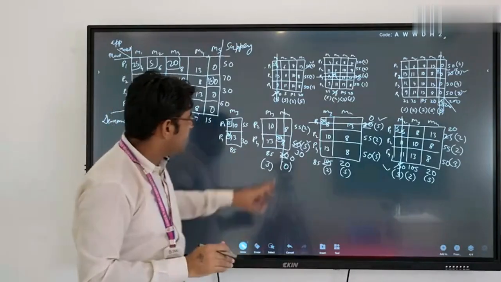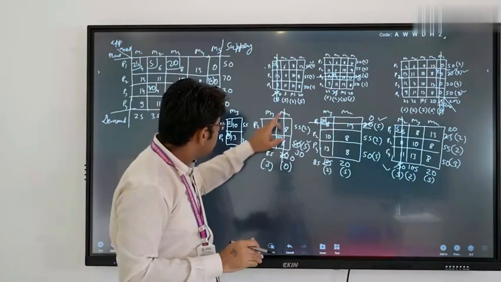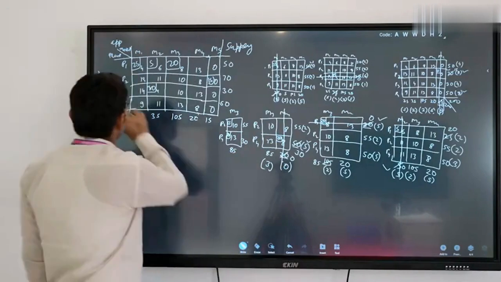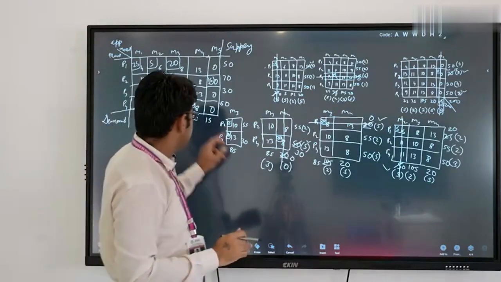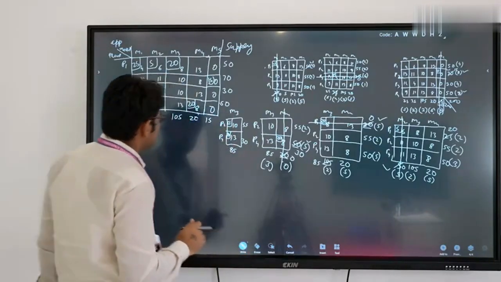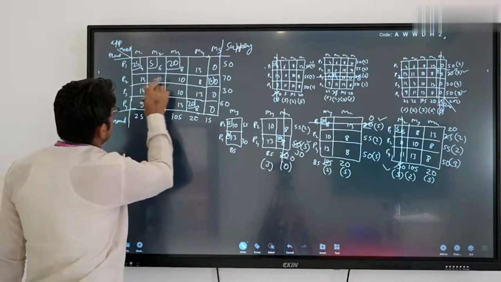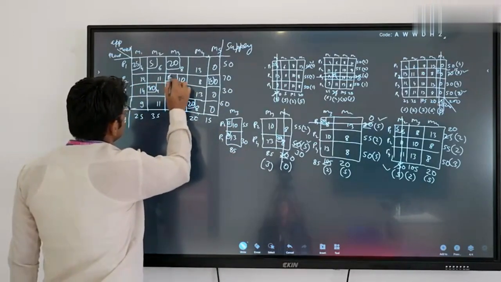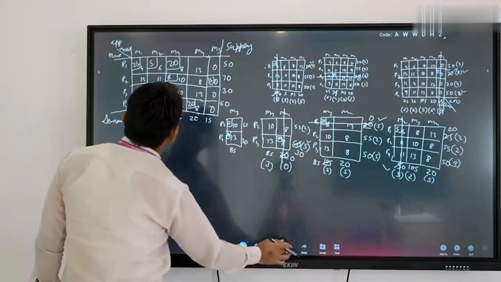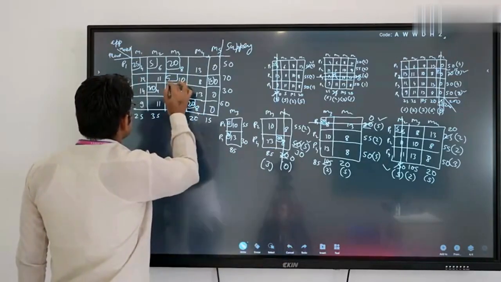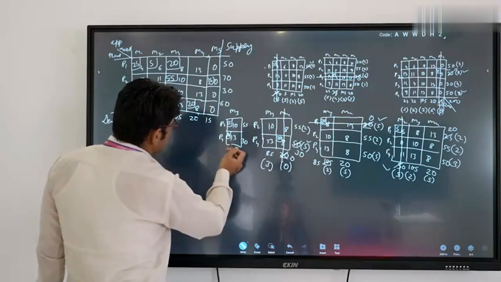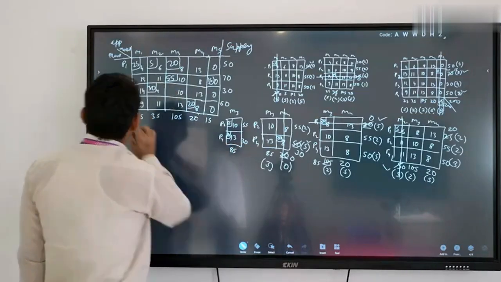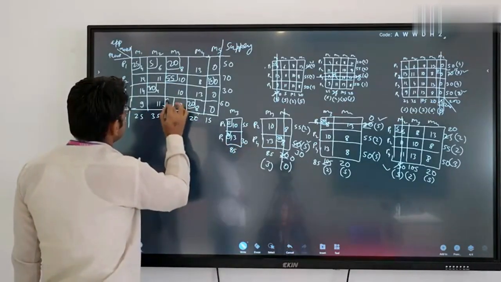Next is P4 M4, 20. Next is P2 M3, 55. And next is P4 M3, 30.